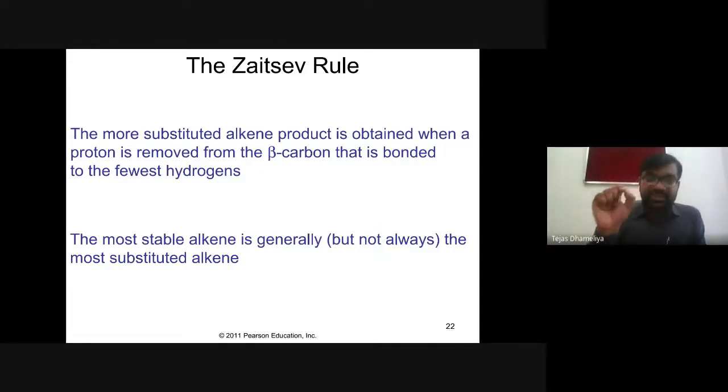So this is not a law. This is a rule. The Zaitsev rule determines the main product formation. The product shall be formed when a proton is removed from a carbon which is attached to the fewest hydrogens. In other words, the most substituted alkene is the most stable alkene.